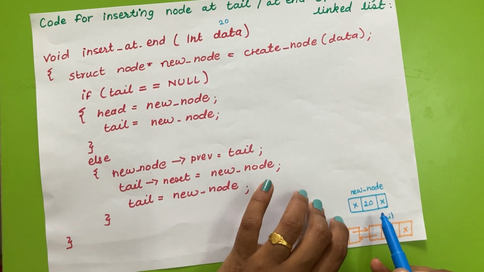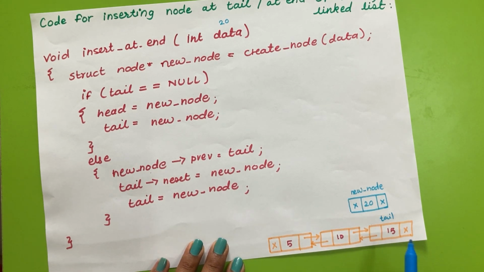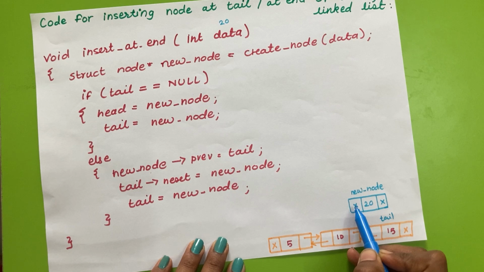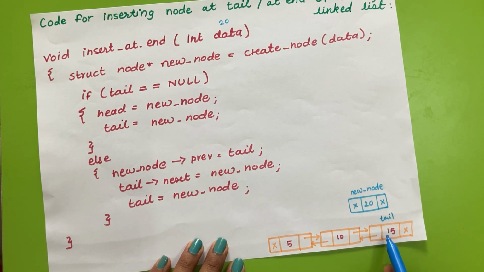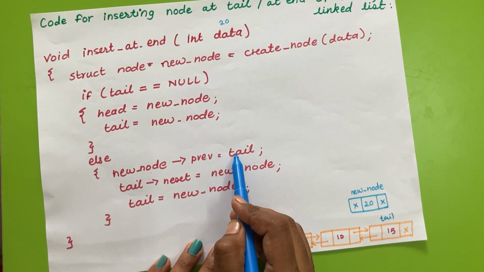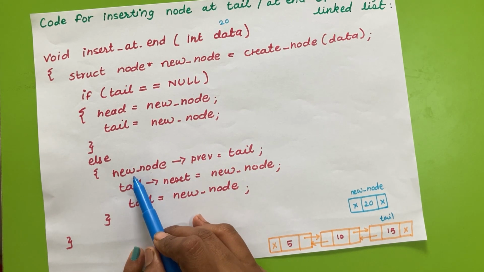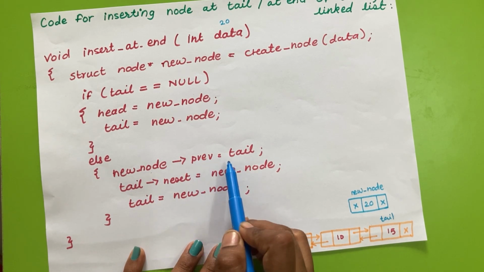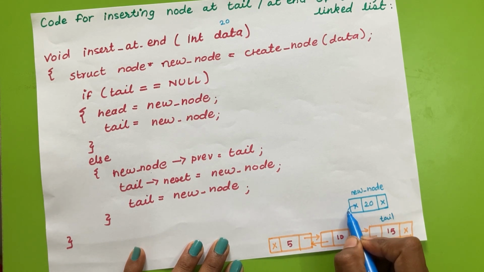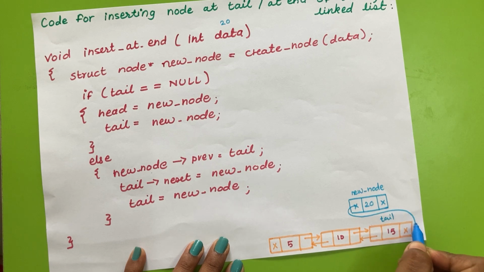Okay, so how will that be assigned? The new node's previous field will store the address of the tail node. That's why we have copied the address of the tail node into the new node's previous field. Okay, so here this assignment will be done.